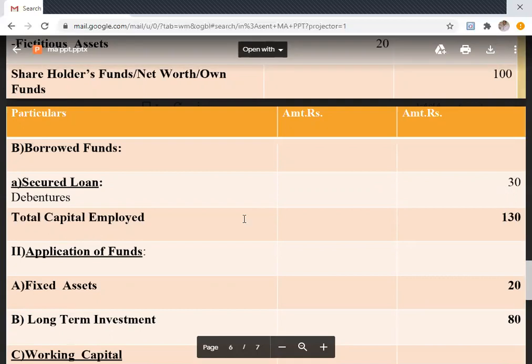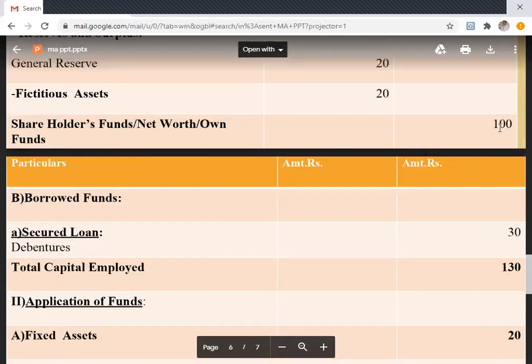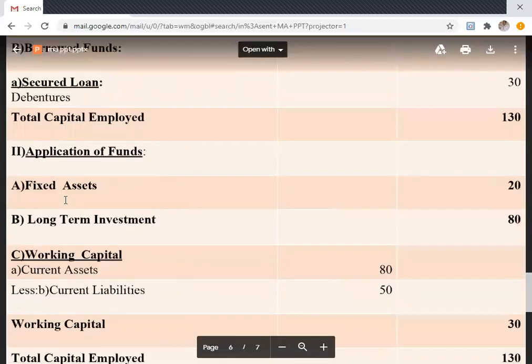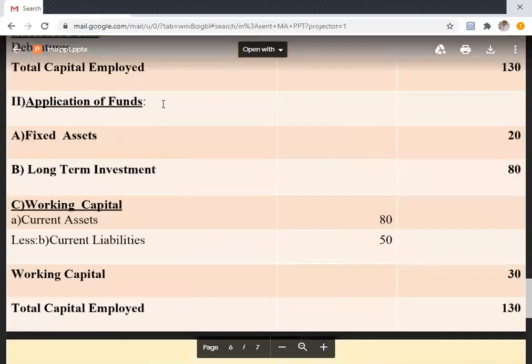Unsecured loan is not given to us, so we just take 30 as our borrowed funds figure in the outer column. Now if you add shareholders' fund of 100 and borrowed funds of 30, the final total is 130 as your total capital employed.